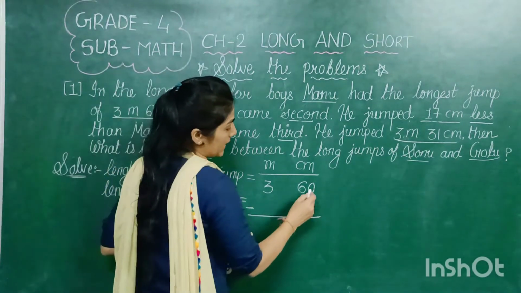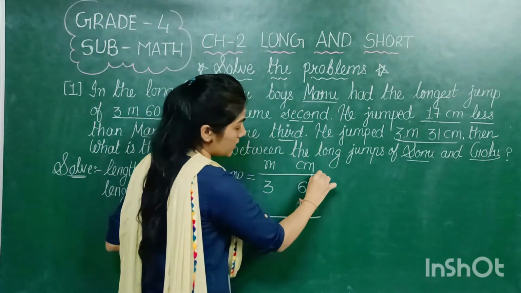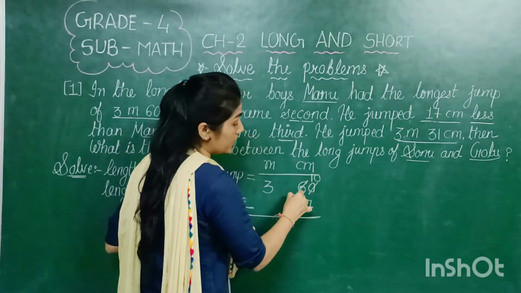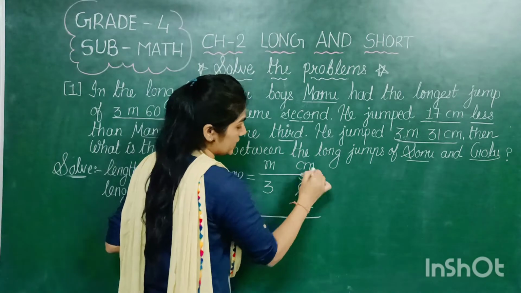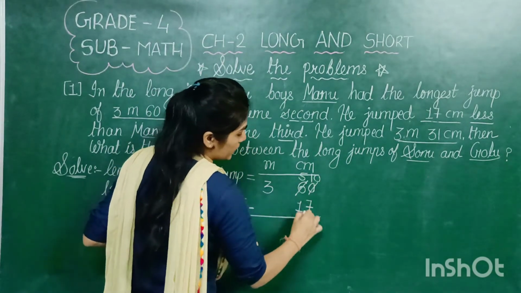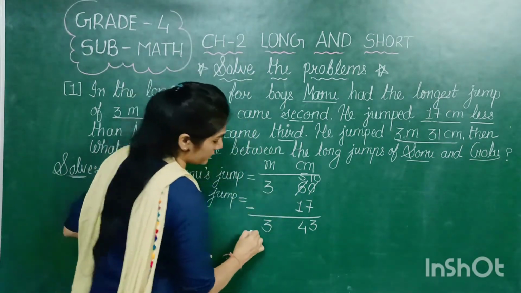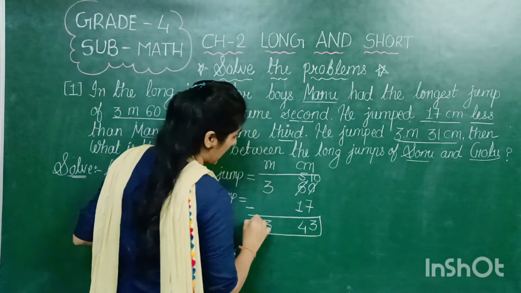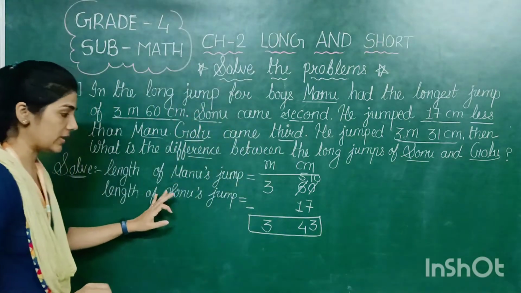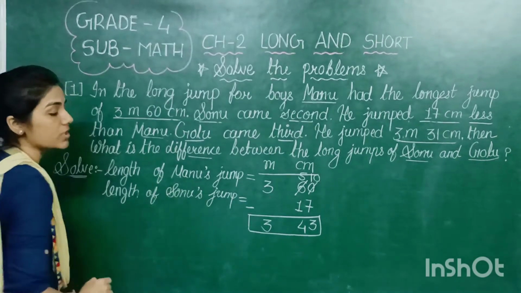Now we have to do the subtraction. We can't subtract 7 from 0, so borrow 10 and make the 6 one less, that is 5. So 10 minus 7 is 3. 5 minus 1, 4 will come, and this 3 we will copy the same. So this is our answer, but this is not our final answer. We have to find the length of Sonu's jump.